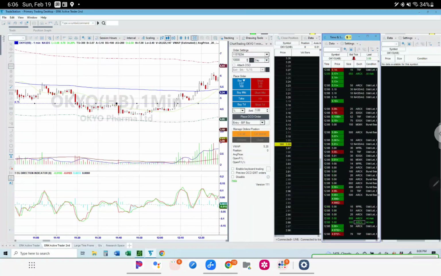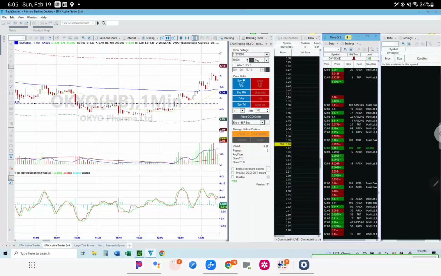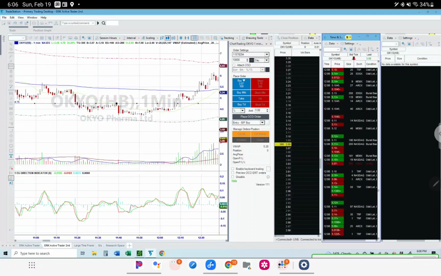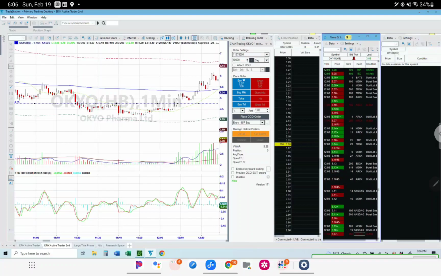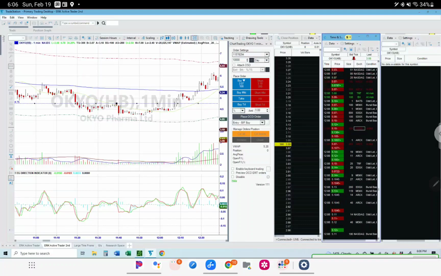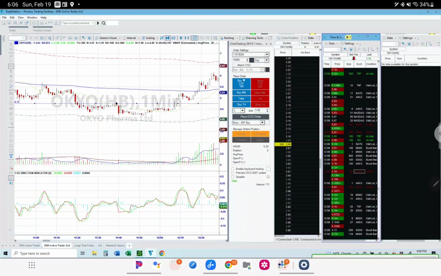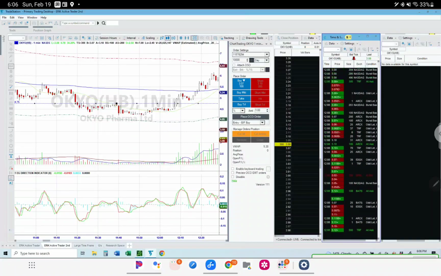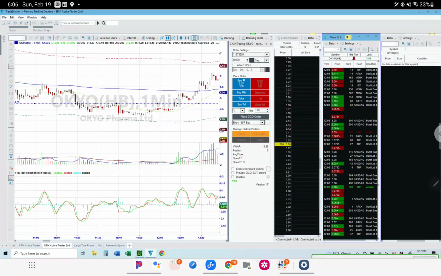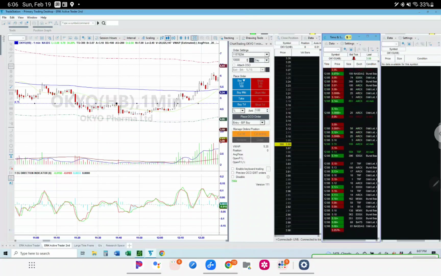Okay, got that there. Now we're seeing just a lot of green. There's a bid, but the rest of this, well, there's a couple more bids. Kind of tit for tat, green and red, green and red.